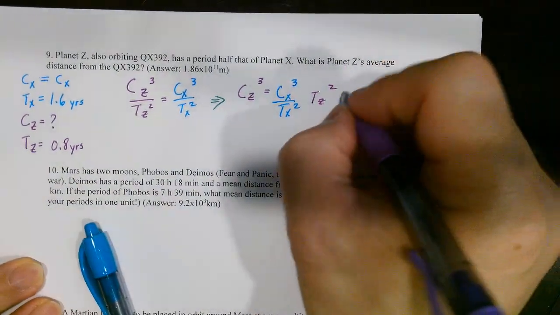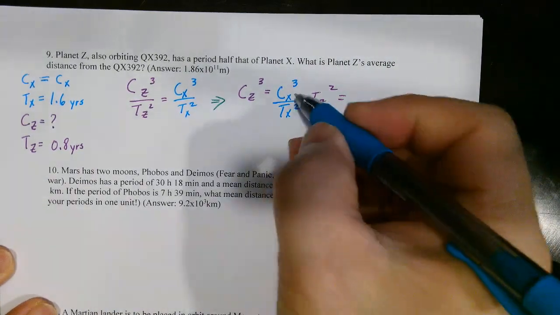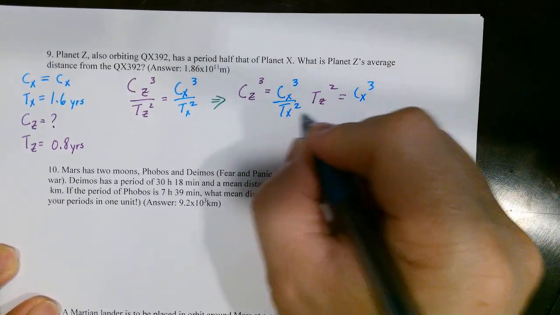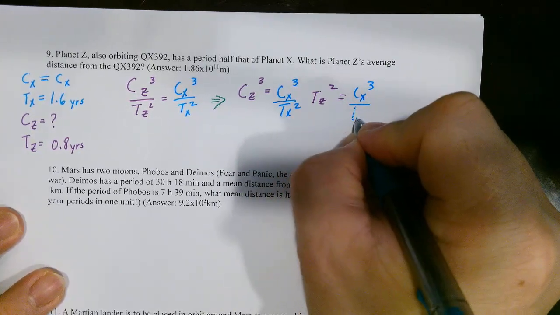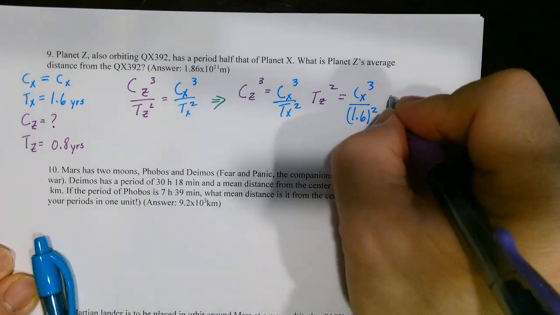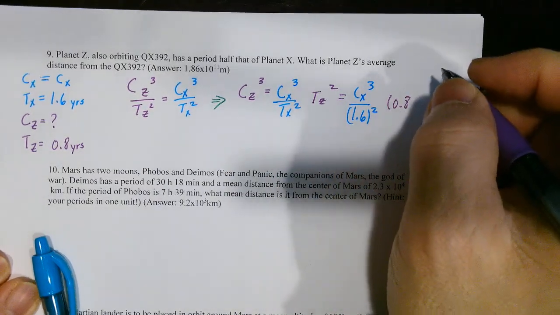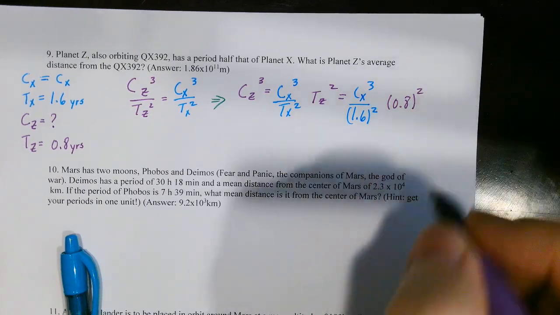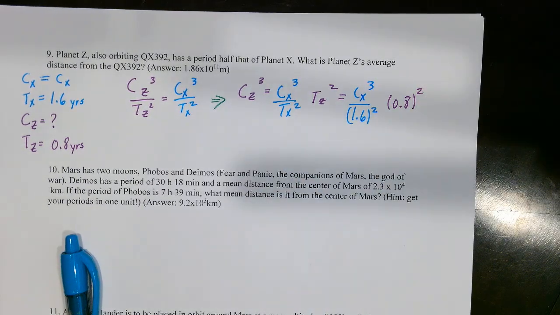So that is equal to Cx cubed, Tx is 1.6 squared, times 0.8 squared is what we have. All right.